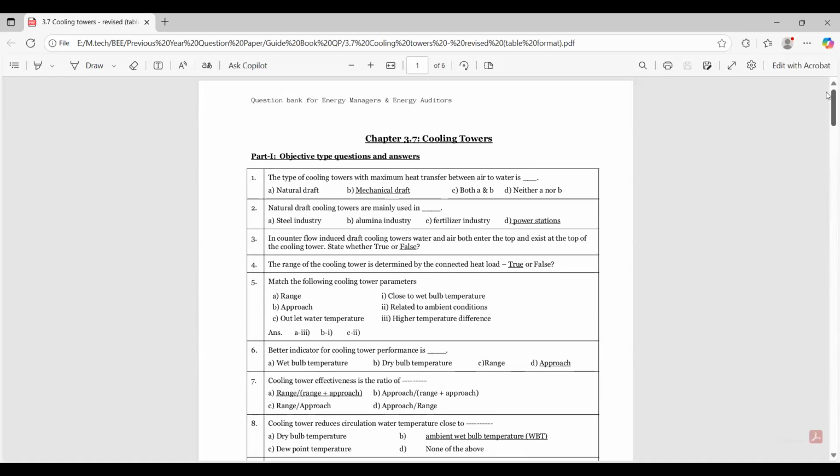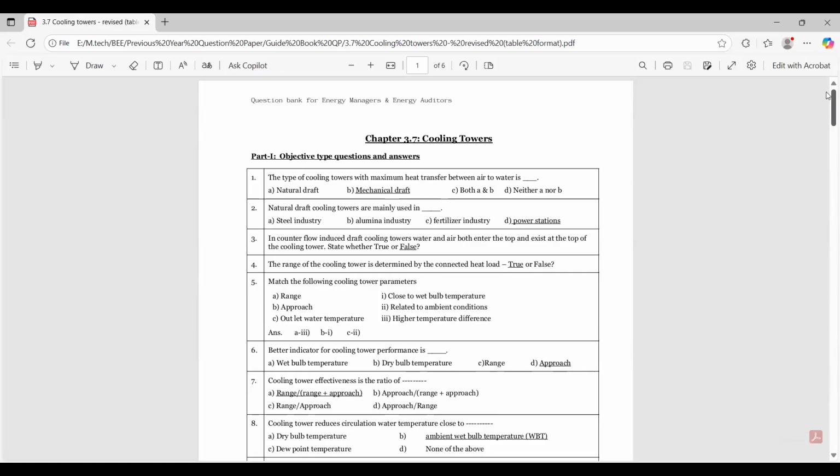Any doubt on this particular cooling tower? Sir, will we get any questions in the examination on this topic? Yes, you will be having questions in this topic. So we'll see the MCQs.